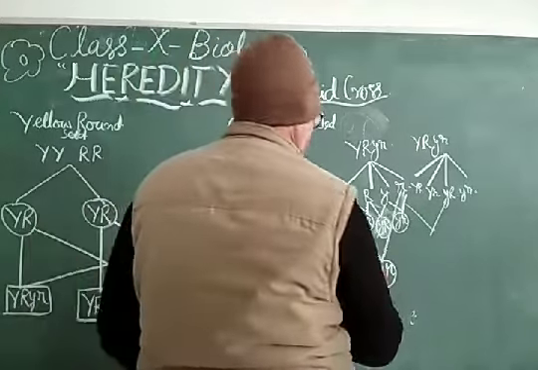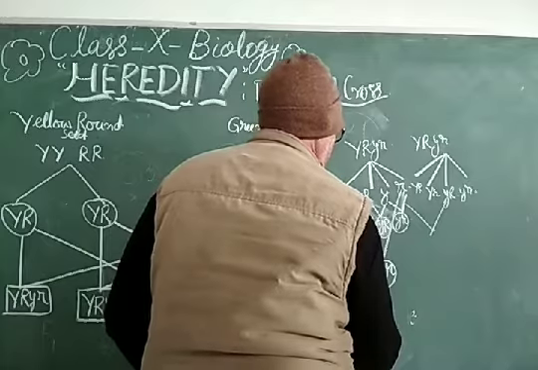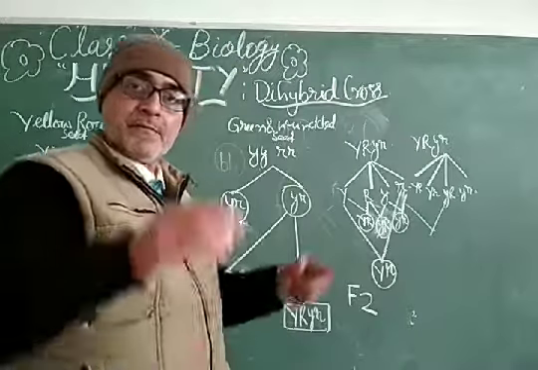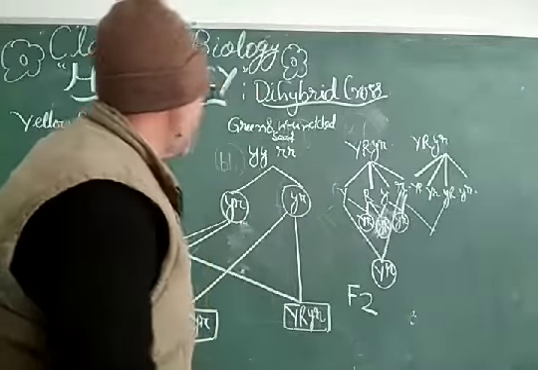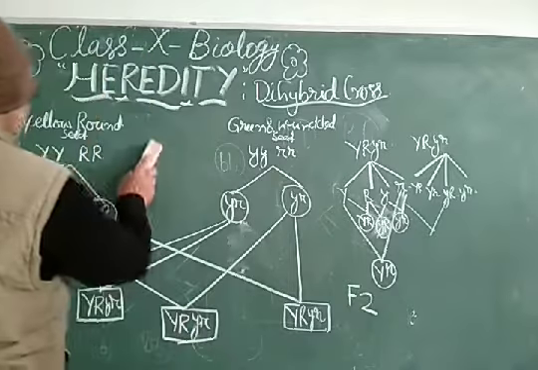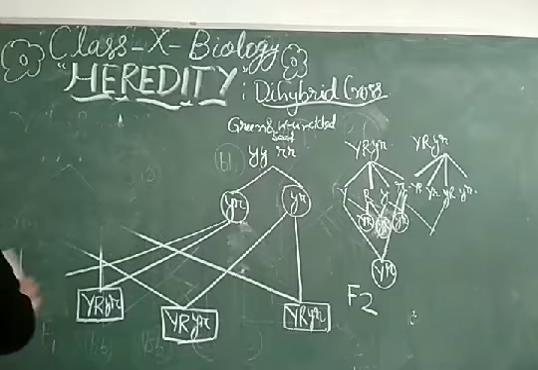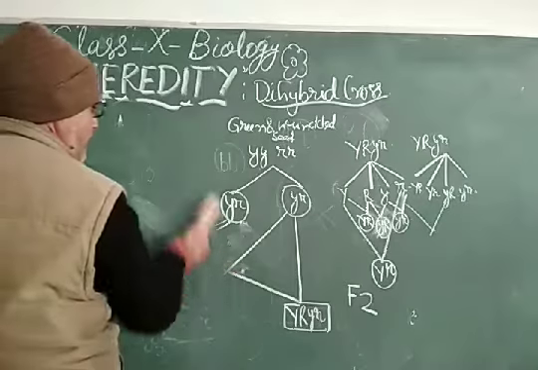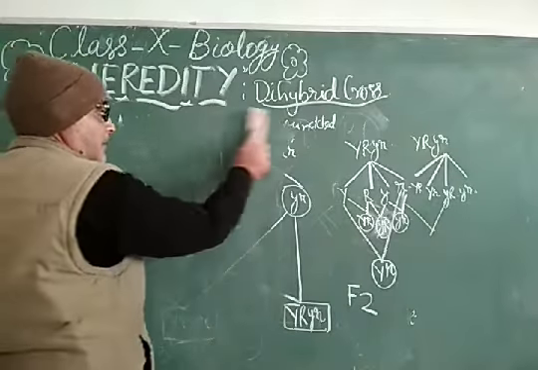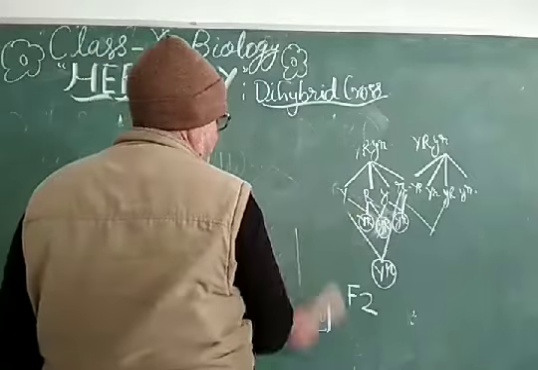So what happens in the F2 generation, you will understand in a square, and that is called Punnett square. So now come to the result which is coming into the F2 generation, and that can be expressed in a square, that is called Punnett square.